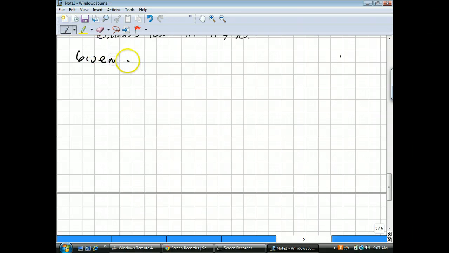Given, let's do this one. If n squared is greater than 6n, then n is not equal to 4. Okay?